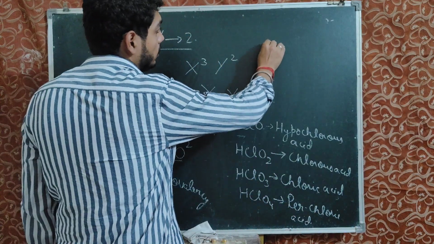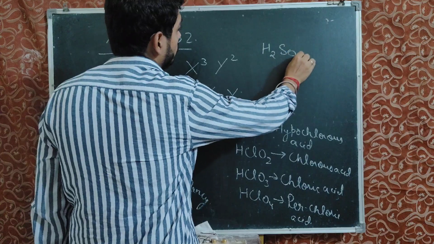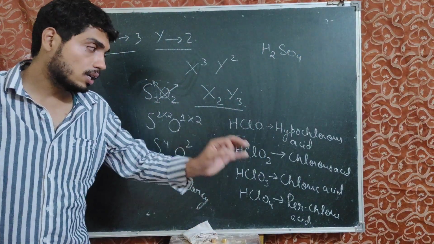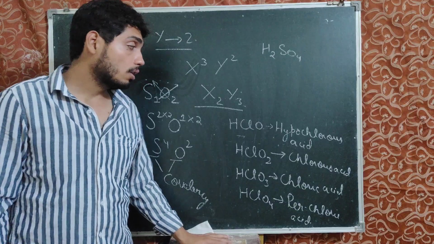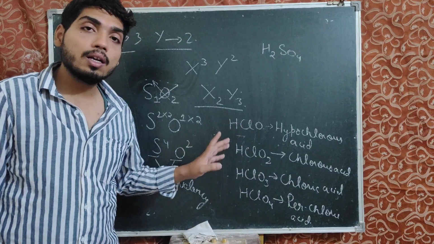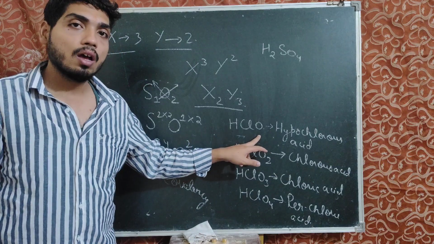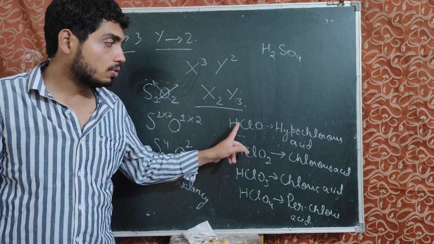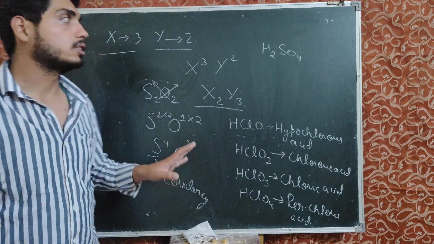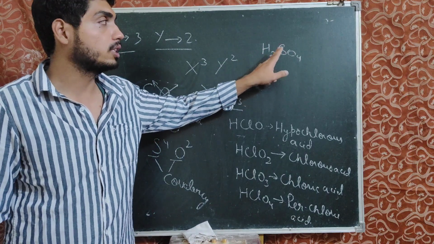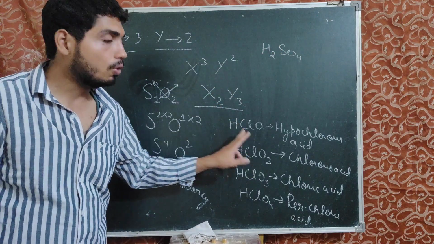Everybody knows the two oxyacids. Now what is an oxyacid? Oxyacids are those compounds which contain one other element in addition to hydrogen and oxygen. These are oxyacids of sulfur, oxyacids of chlorine.